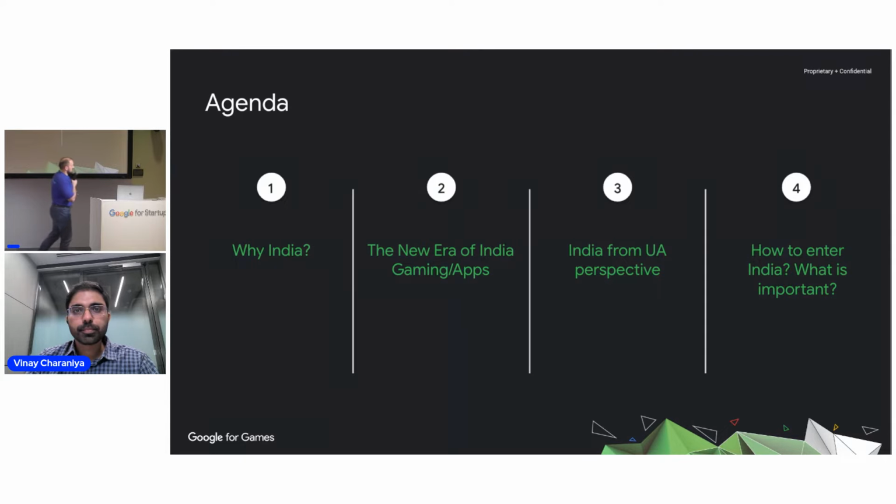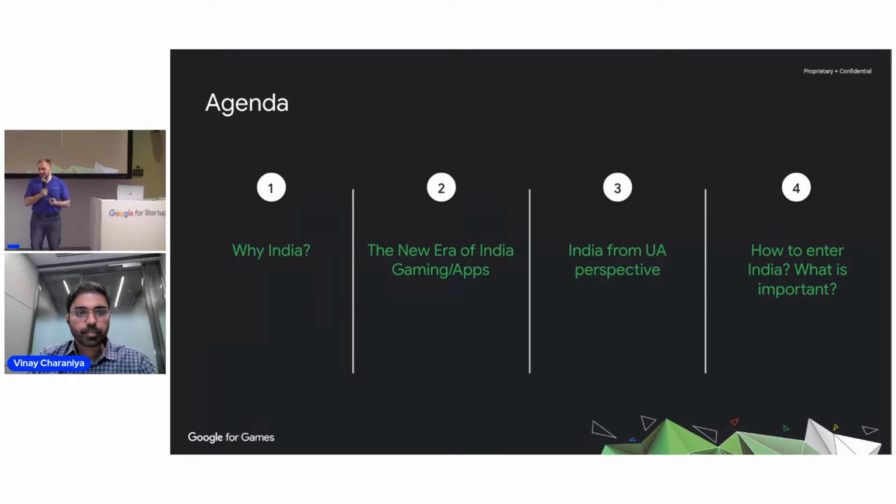And then we'll be talking about how India looks from a UA perspective, because what is quite interesting is that in some genres, India is very important in terms of user acquisition. If you compare budgets spent on India versus US, they are quite significant, but in some genres that spend is not very high. I will be sharing a lot of insights from aggregated spend on Google.